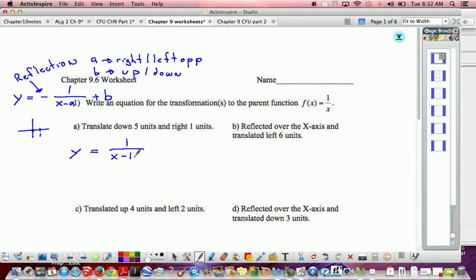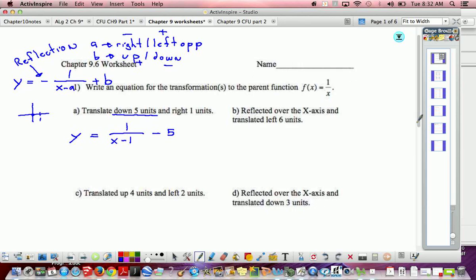So we go minus 1, because it takes 1 unit to get there. So now it goes down 5 units, that's going to be subtract 5. So with your b value, up is positive, down is negative. Right, you can think of it as being negative, and left as being positive.